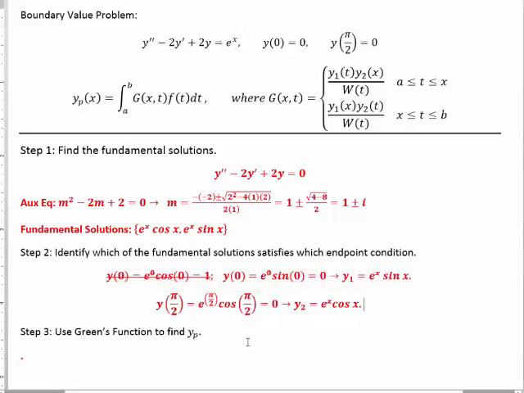Okay, so now we've identified which one is y1 and which one is y2. So now we need to make up Green's function, which means we need to get the Wronskian.